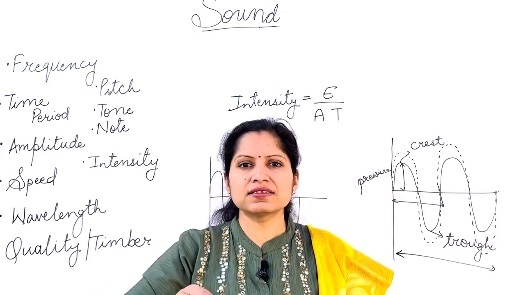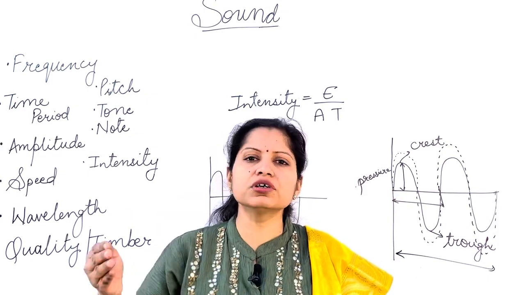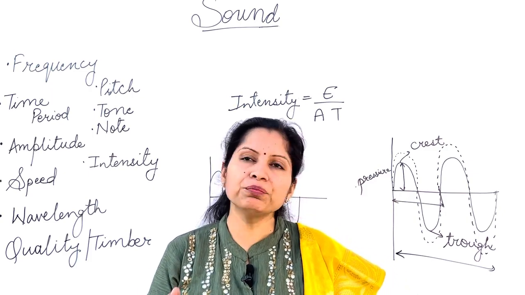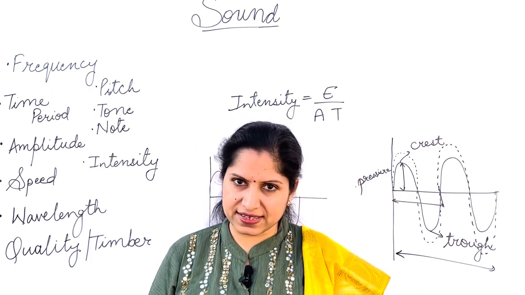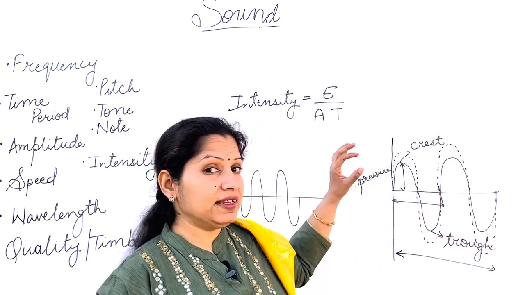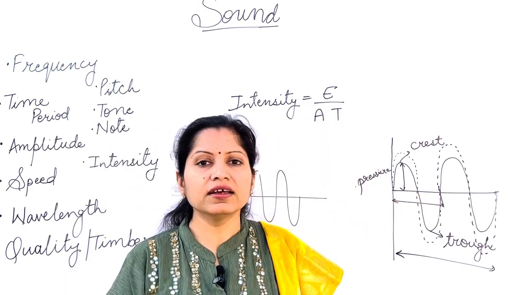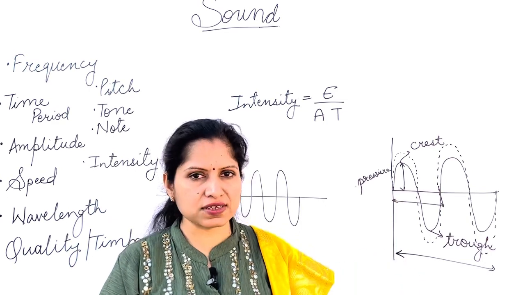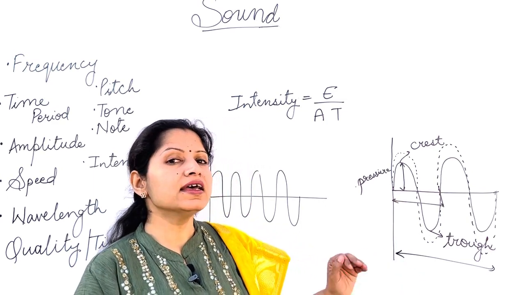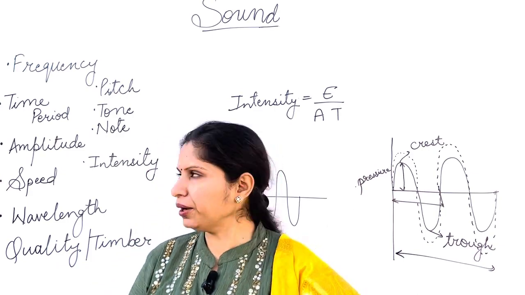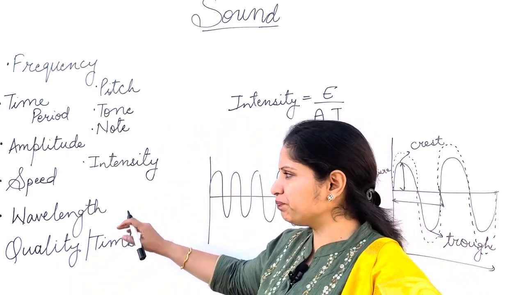So loudness depends from person to person. A voice that is loud for you may not be loud for someone else. But intensity is a measurable quantity, and it doesn't vary from person to person. It is the energy transferred in 1 second per unit area. I hope that is clear to you all.